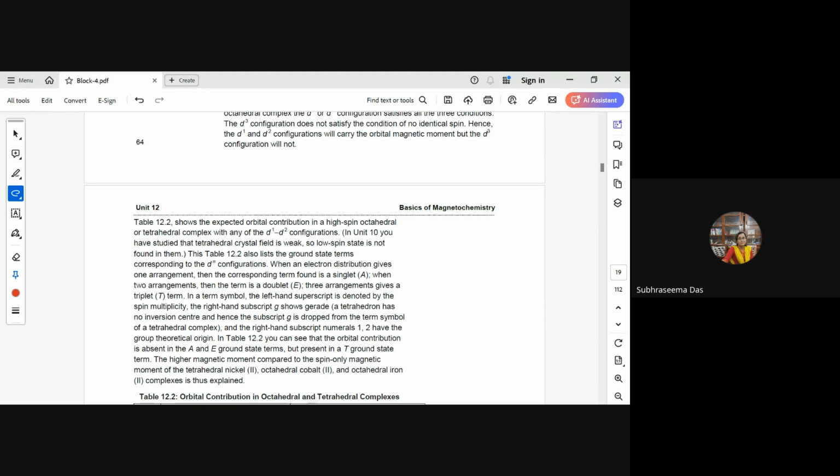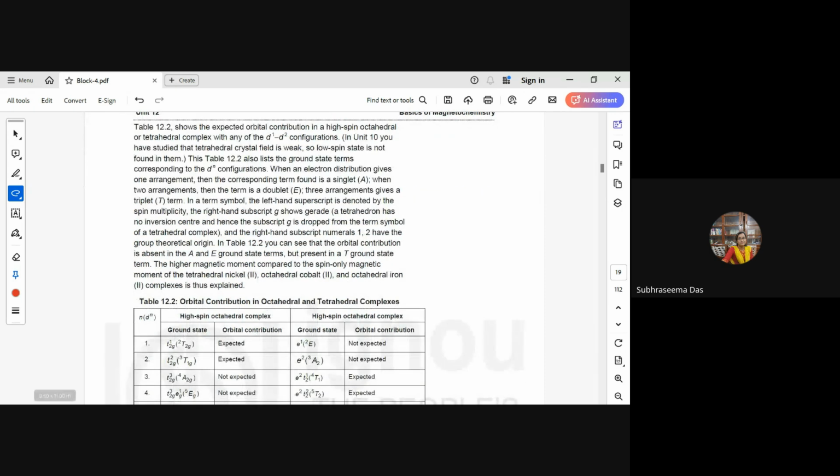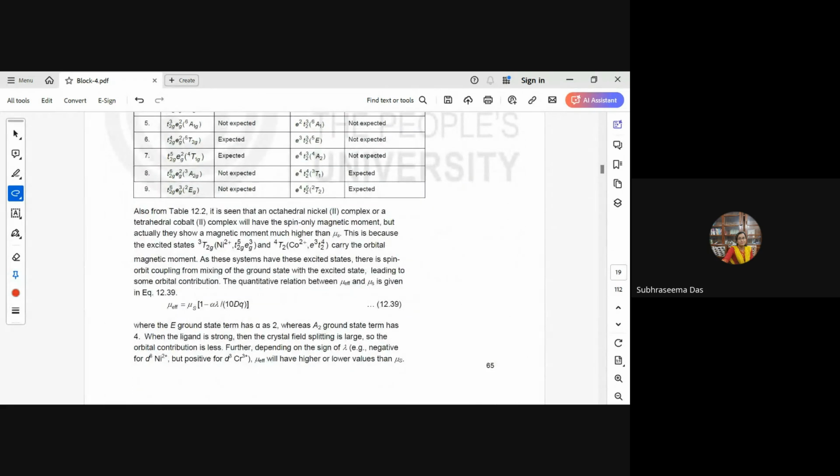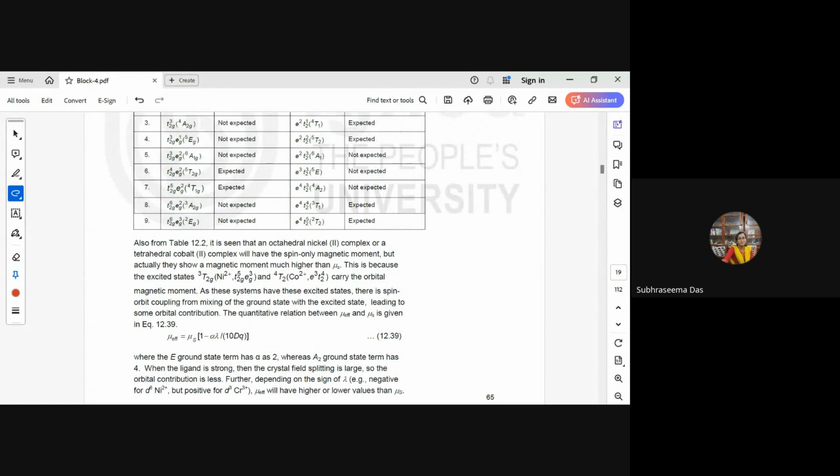The expected orbital configuration in a high spin or a tetrahedral configuration has been listed in the table for various d electrons in octahedral and tetrahedral complexes. From this table, we can see that for a nickel 2 complex or a tetrahedral cobalt 2 complex, they would be expected to have only the spin only magnetic moment, but they actually show a magnetic moment which is much higher than mu_S.